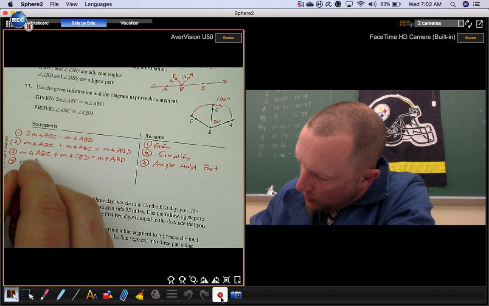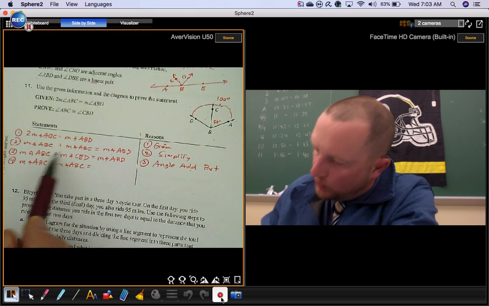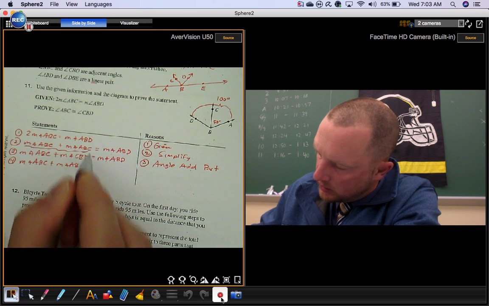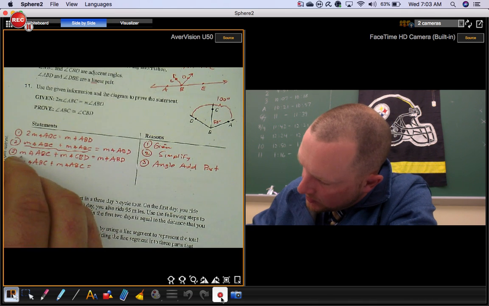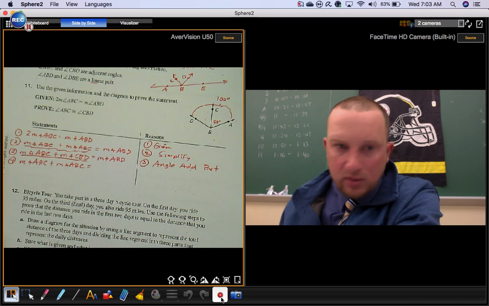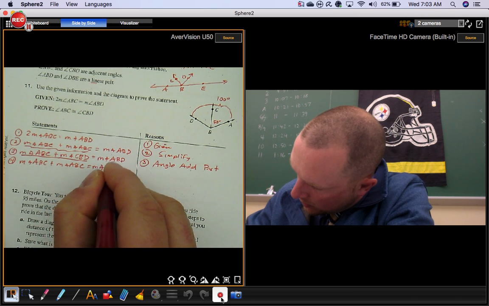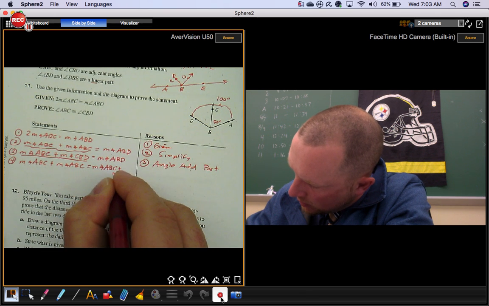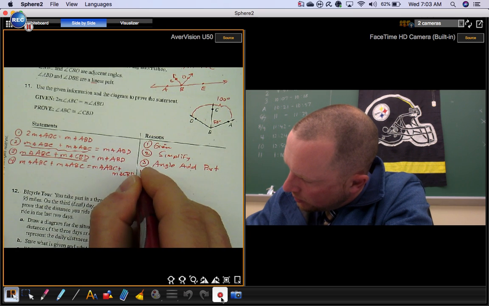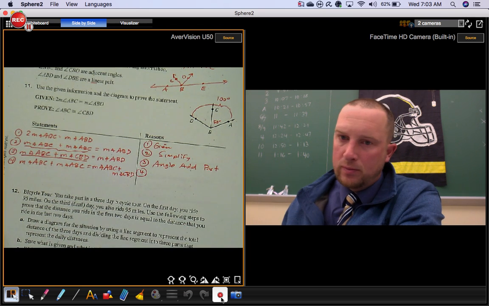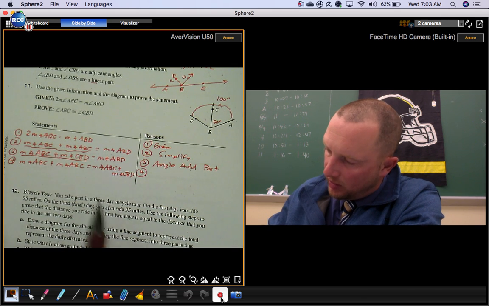So the measure of angle ABC plus the measure of angle ABC equals, all I did was write this, that thing needs to equal, I'm going to try to underline this with a straight line, that thing. That's the transitive property. We have 2 different things that equal the same thing.